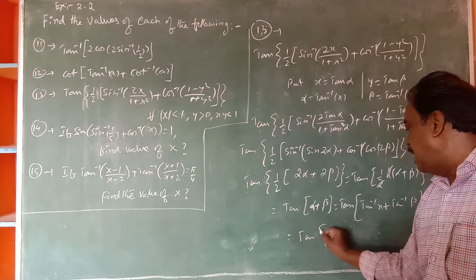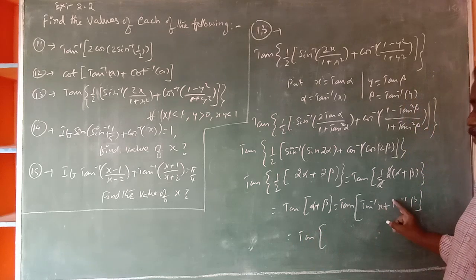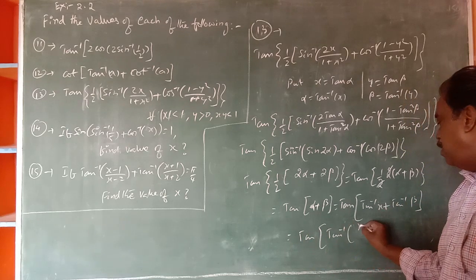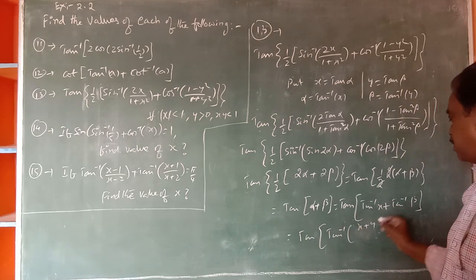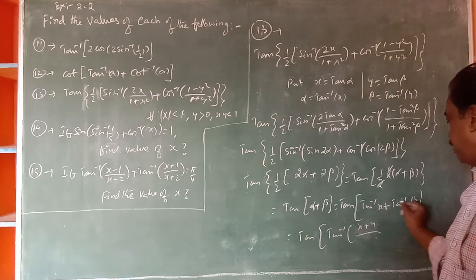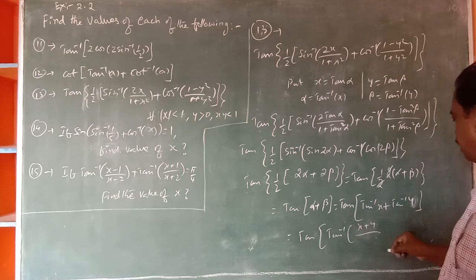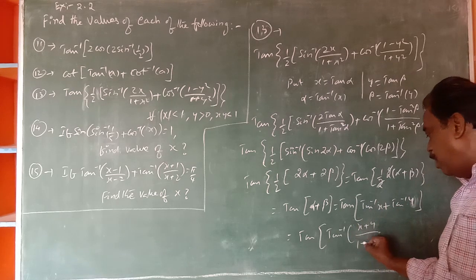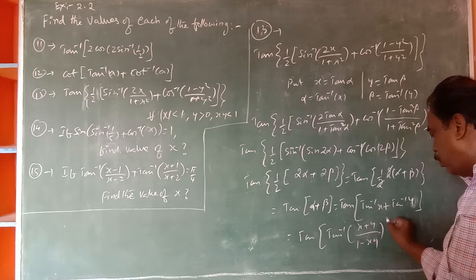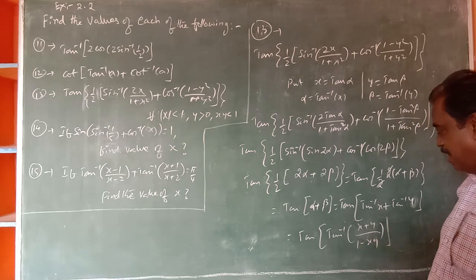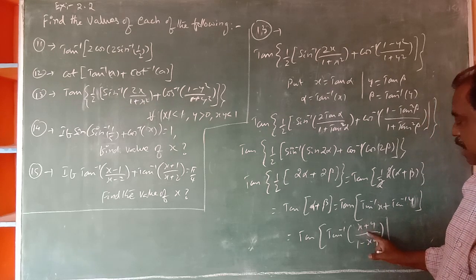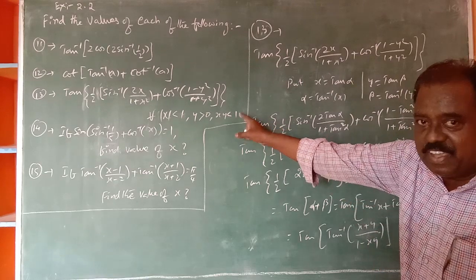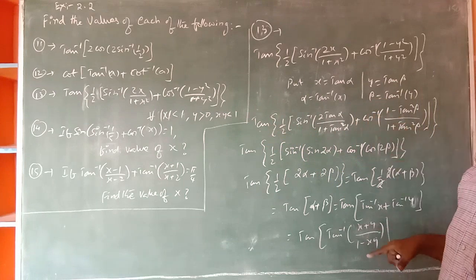So it is tan of tan inverse x plus tan inverse y, and there is also a formula for this: tan inverse of (x plus y) by (1 minus xy). For this formula, the condition is xy is less than 1. In the property it is there.